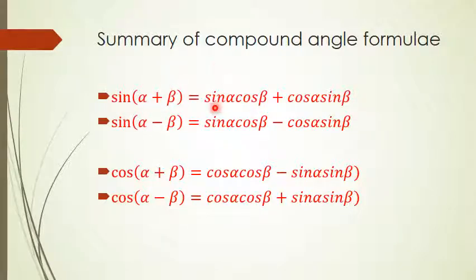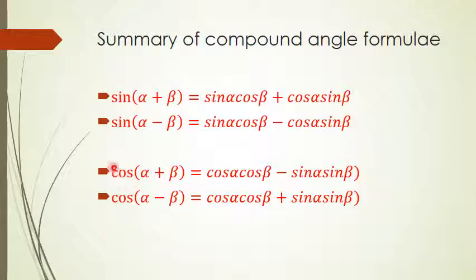Let's look at the pattern they have. It's sine, cos, sine. Sine, cos, sine. Both of them have the same pattern. And let's look at the signs. If you have plus on the left, you also have plus on the right. If you have minus on the left, you also have minus on the right. These are the compound angle formulas for sine.